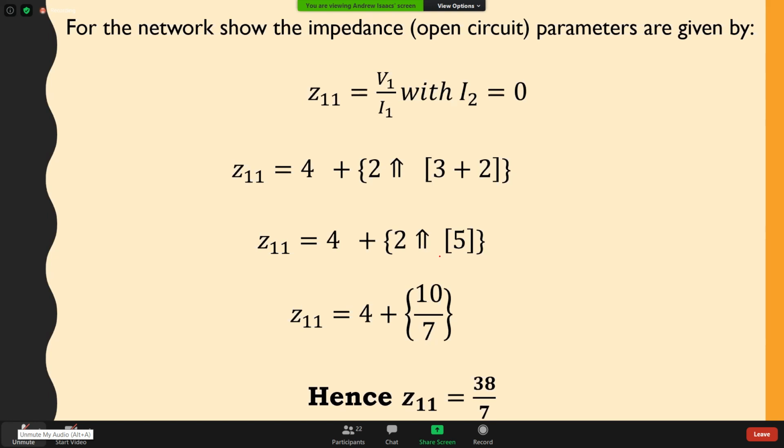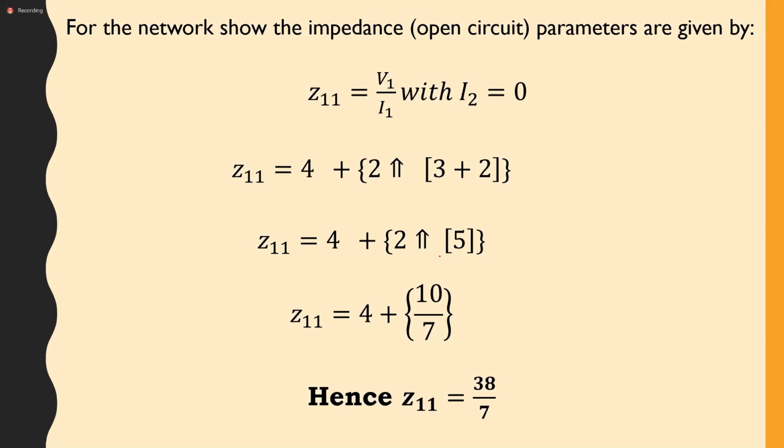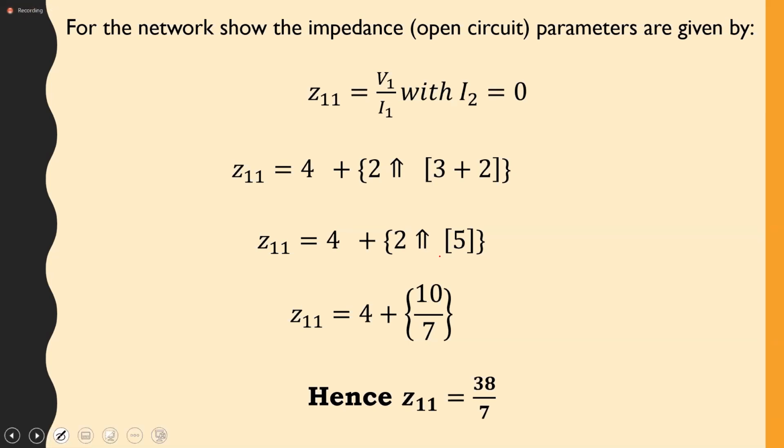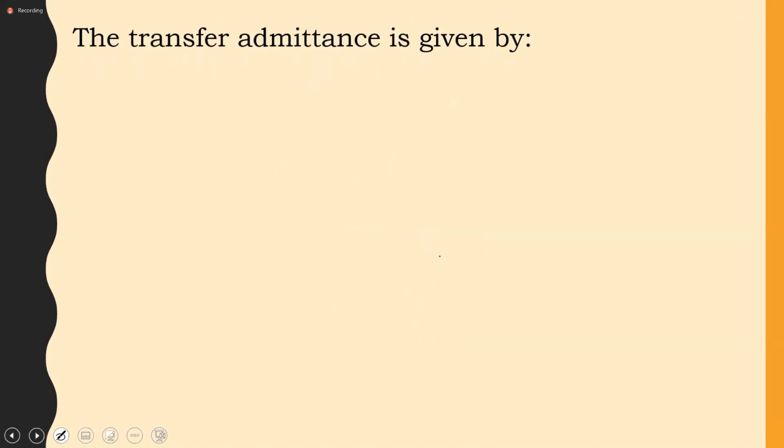All right, now with port 2 still open circuited, we can also find Z21. So Z21 is V2 over I1, with I2 being equal to 0.